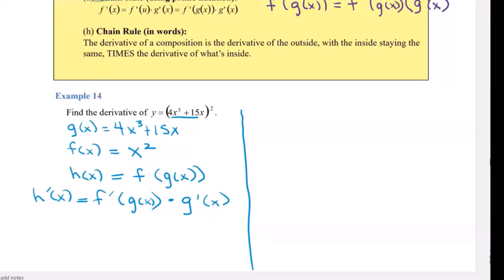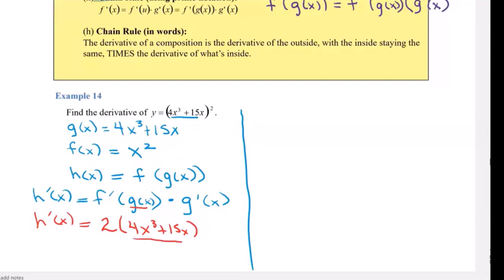Let's do it for this problem. We'll get h prime of x is equal to, well, f is equal to x squared, so f prime is 2 times, well, g of x is my new x right now, so 4x cubed plus 15x. Notice this is the derivative of the outer function.